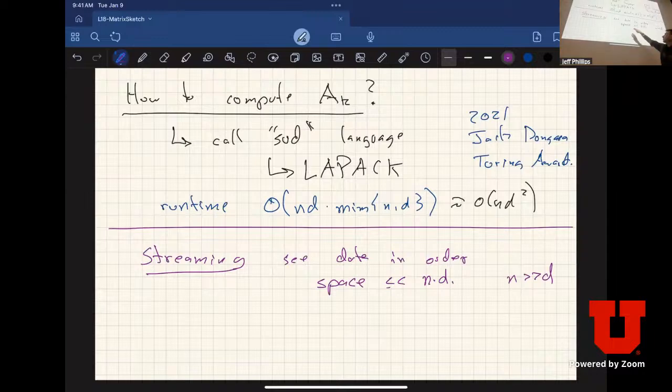The total space we have is much less than N times D. We might be able to have D squared space, and that would be okay. Typically D squared is okay, but sometimes we want even less than D squared if D is really big.